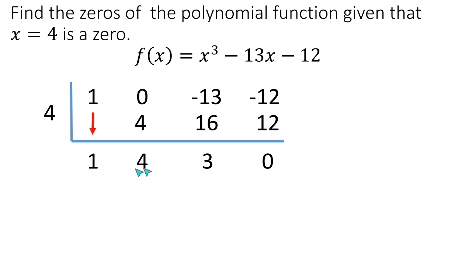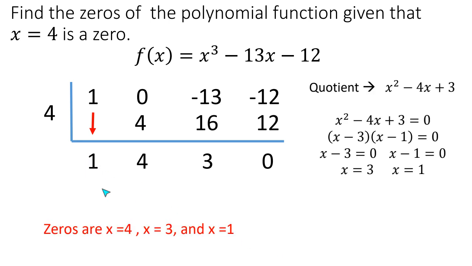If we look at the quotient of what's left here, since we started with an x cubed polynomial, now we're going to go one degree less. We take the first number, and that's going to be x squared. Then our next number, 4, should be a positive 4x. Then we have our 3.